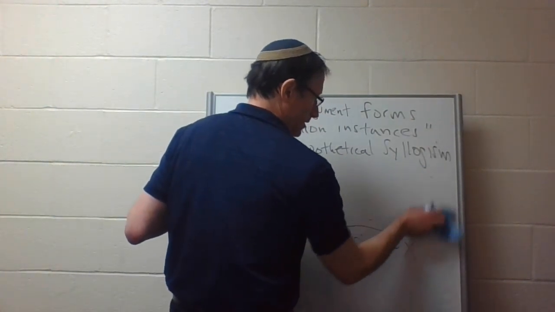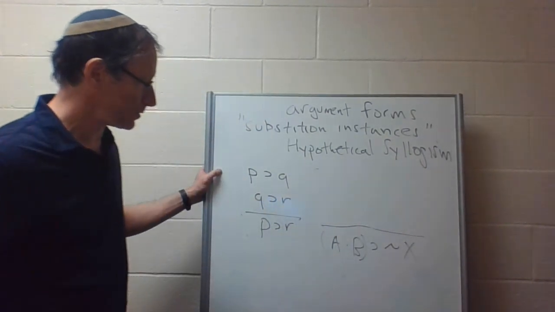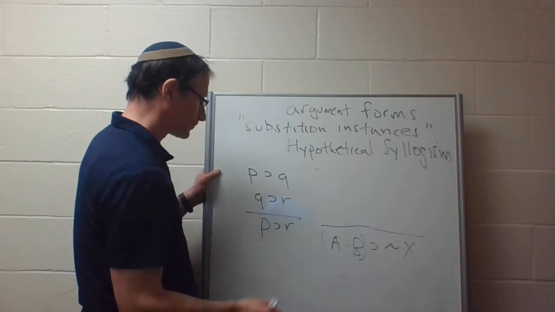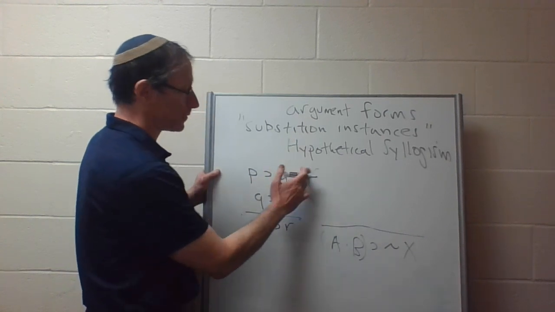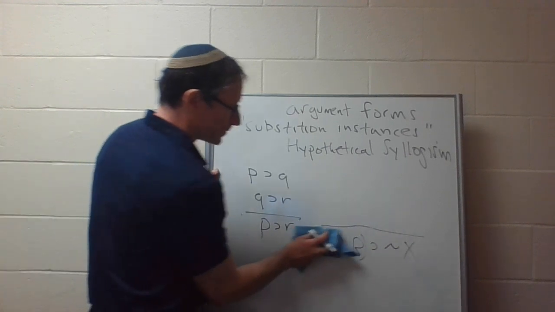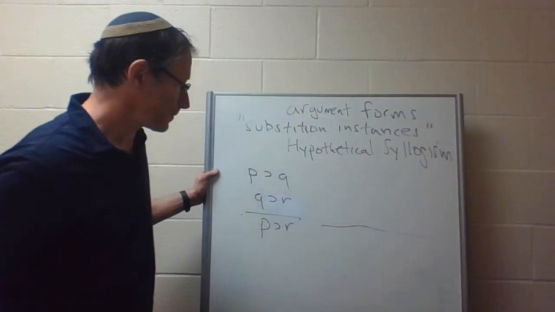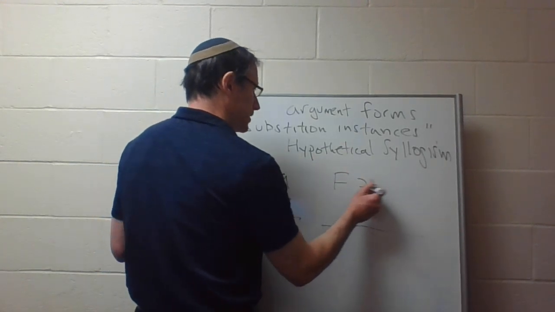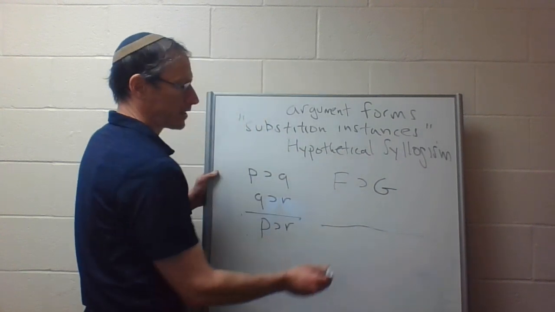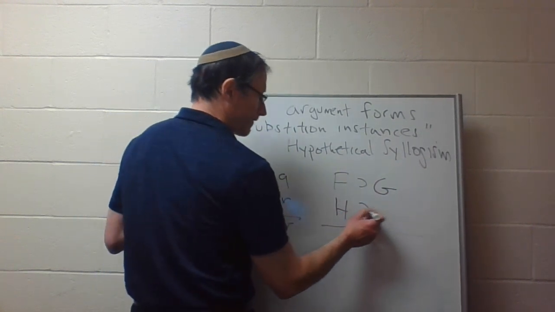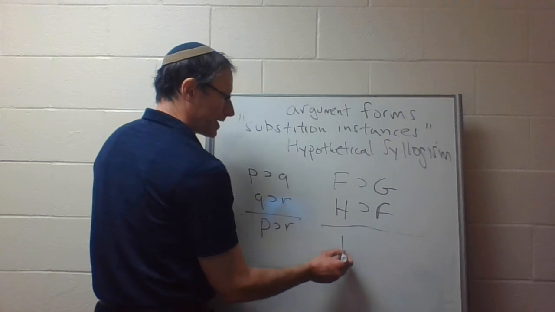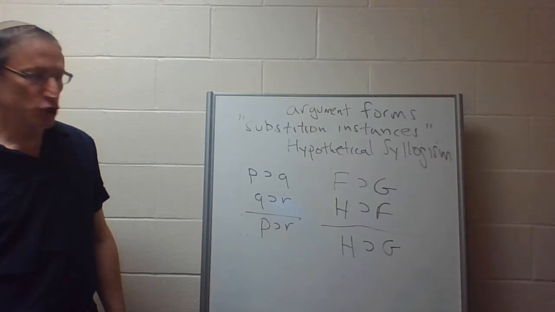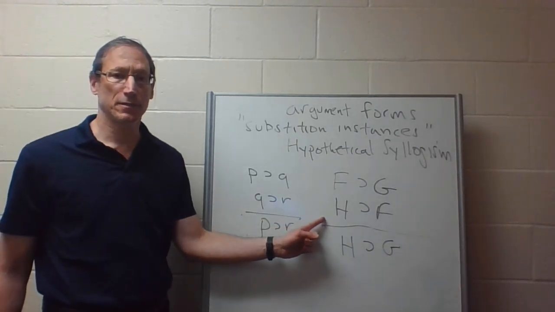It's probably not necessary to show you this, but I'm going to do it anyway just to make it very clear. Oh, I forgot my example already. Let me show you a different example where I flip the order. Suppose I have something like F horseshoe G, and I have H horseshoe F. And now I do H horseshoe G. Okay, is this a good substitution instance of this form?